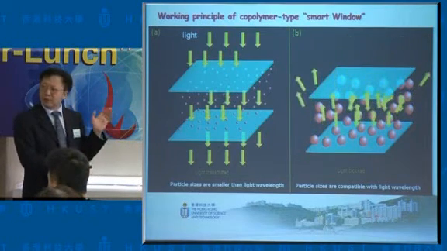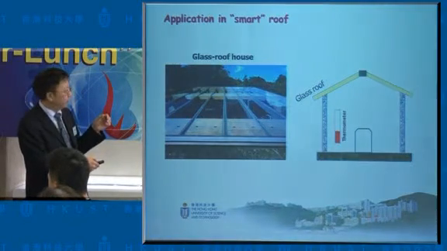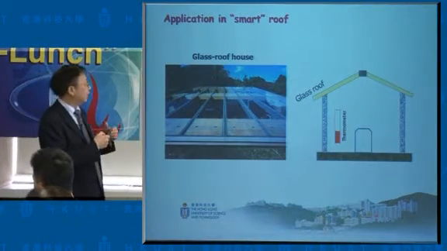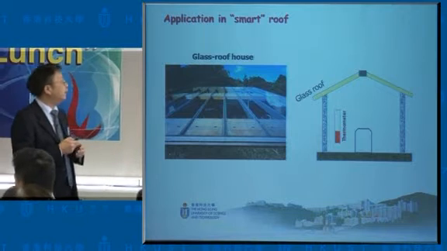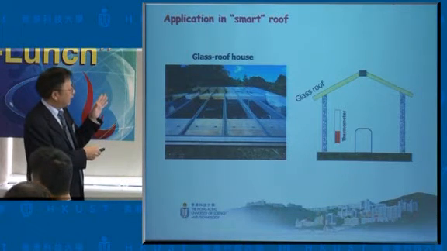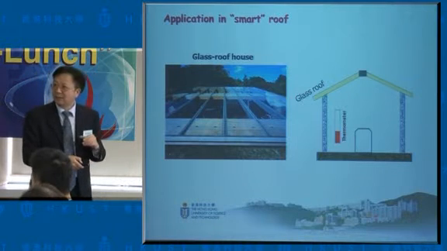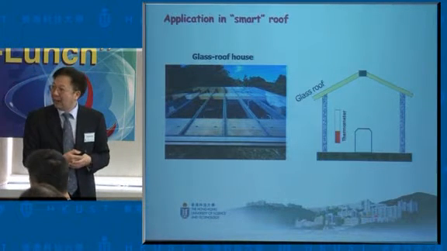So how do we use these materials? That's very simple. Suppose you know a greenhouse. Some greenhouses use a glass roof. But in summer there's a problem. Why?